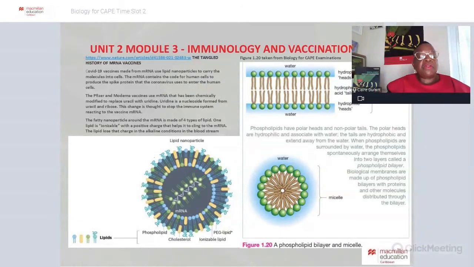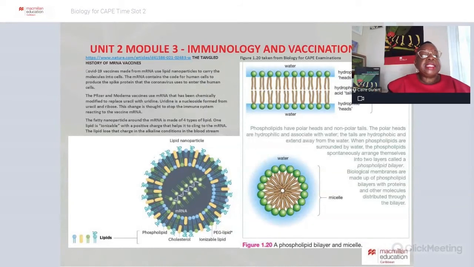It has the phospholipids, just like the phospholipid bilayer, with the hydrophilic heads and the hydrophobic fatty acid tails arranged in a circle. The lipid nanoparticle is arranged in a circle, just like a micelle or a phospholipid bilayer wrapped back on itself.